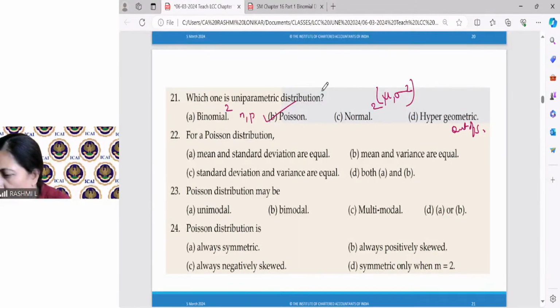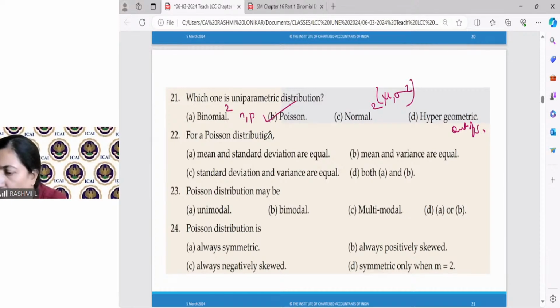Now for a Poisson distribution, I have to find out. Let's switch on the calculator now. Okay.